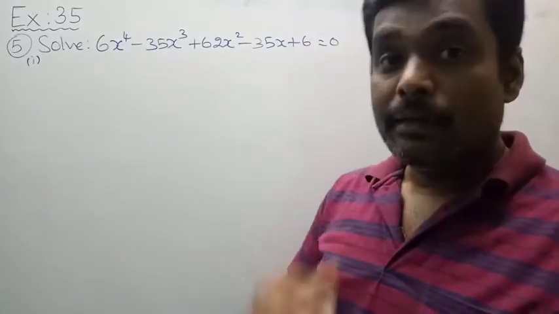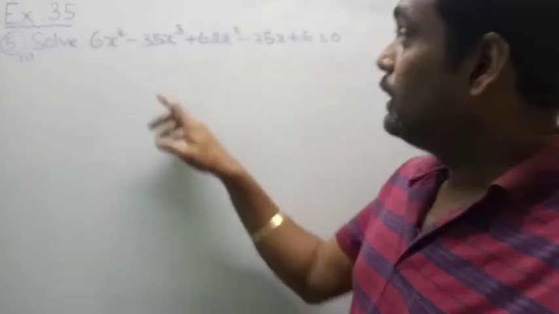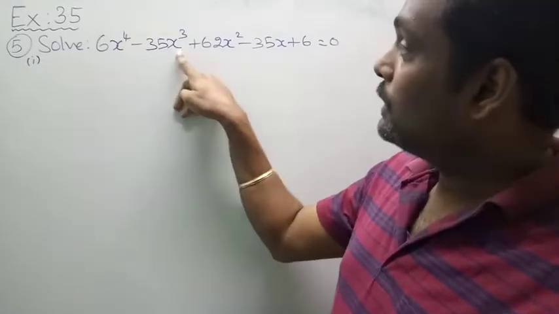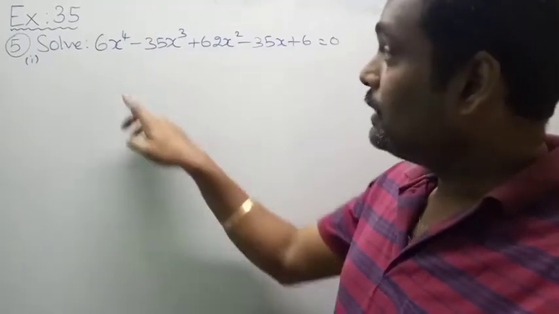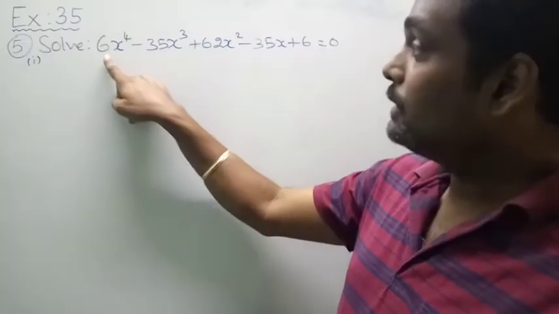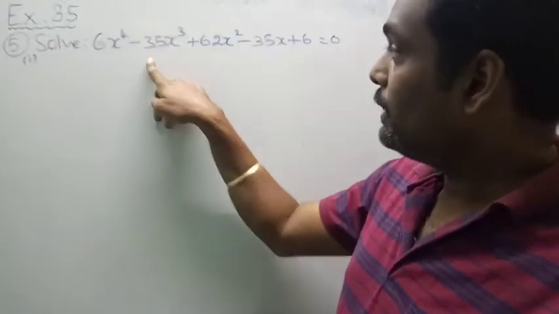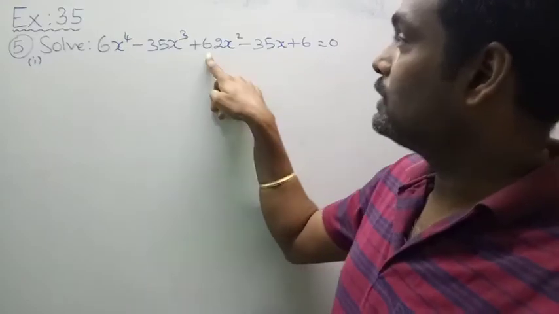Before that, when you see the question, it has degree 4, degree 3, degree 2, degree 1 and constant. In order, every term is present. And see the coefficients end to end, 6 and 6 are the same. Minus 35 and minus 35 are the same. This is the middle term.